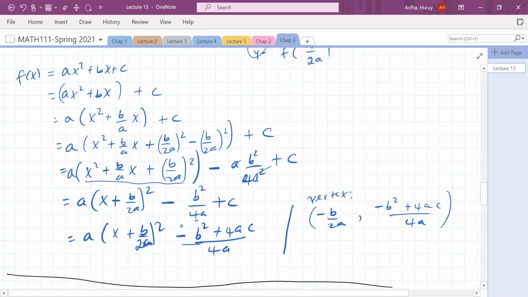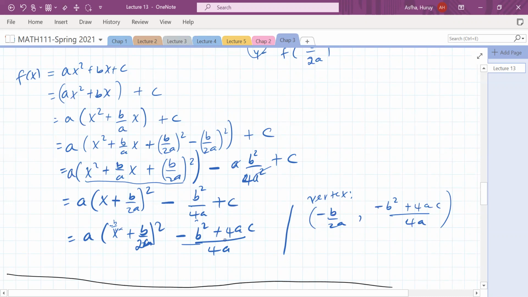And instead of writing this one as k, you can say just f of negative b over 2a. Okay, f of negative b over 2a will give you this one. If we plug negative b over 2a here, this becomes 0.